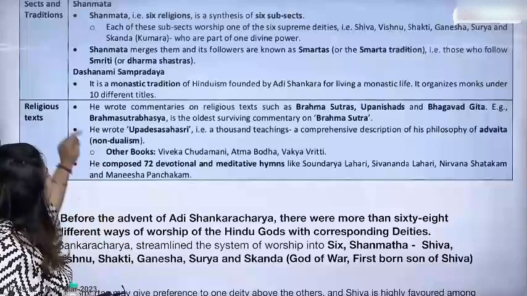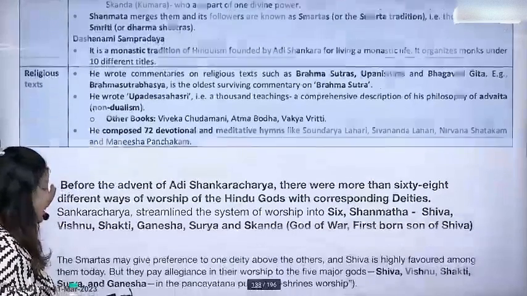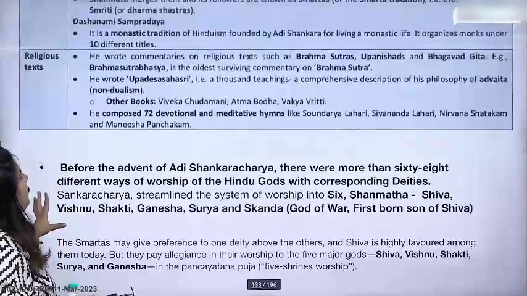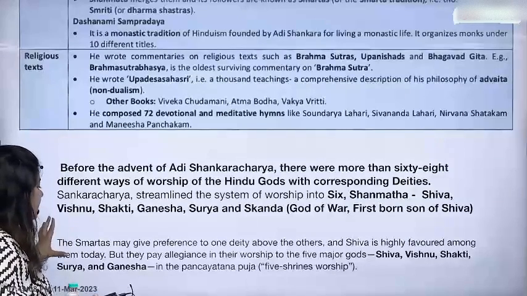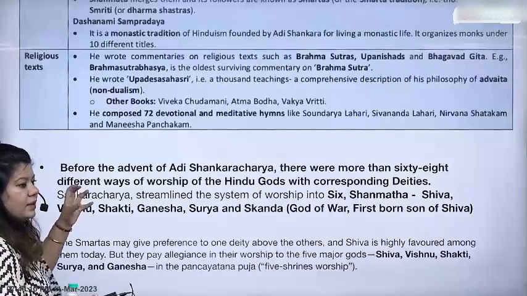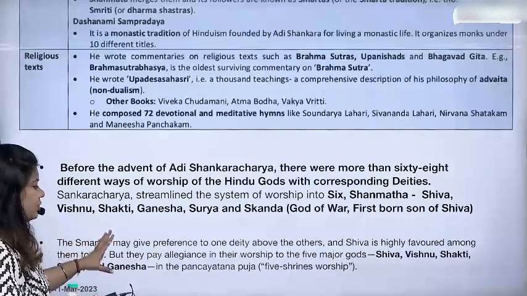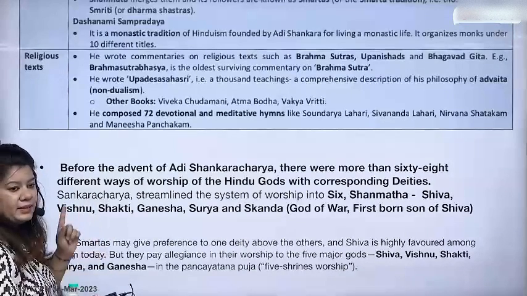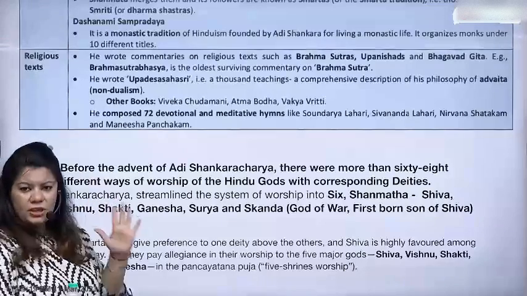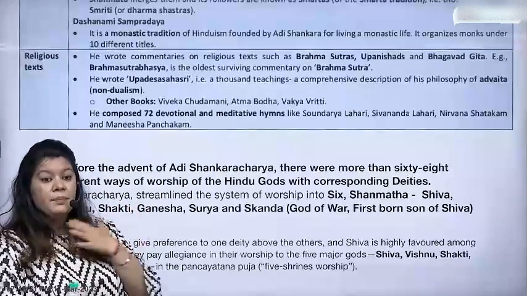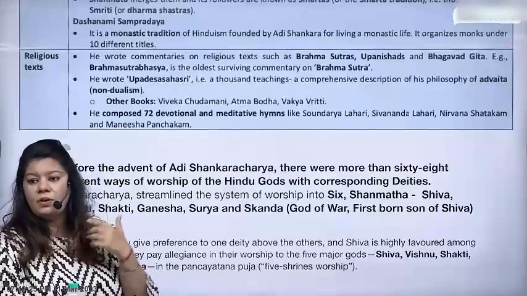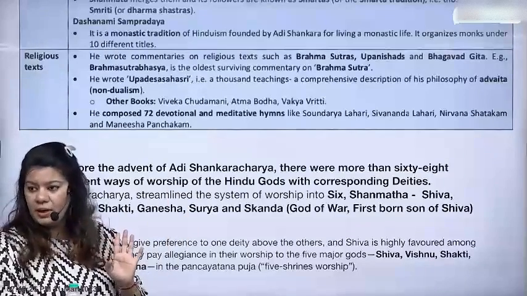ठीक है. उसके बाद आते हैं हम Smartas. So Smarta worship is what? Smartas basically have come out of Shanmat form of religion only. They worship or they give preference to one deity. So for example, I believe in Shanmat religion or Shanmat 6 gods, but my inclination will be on one god. Are you understanding?